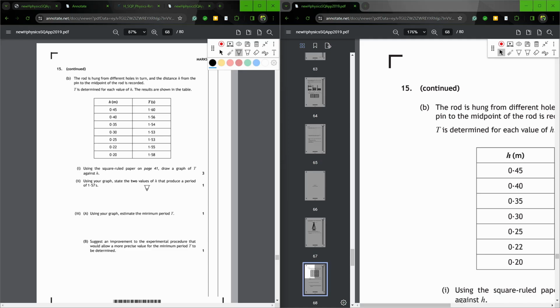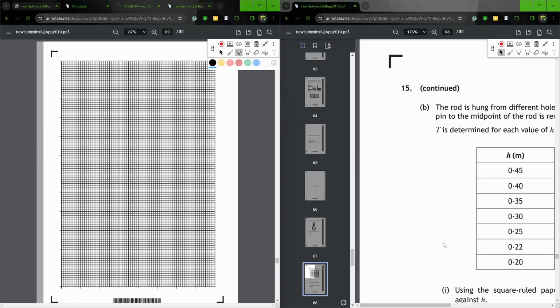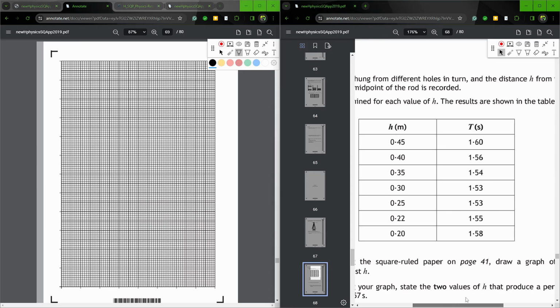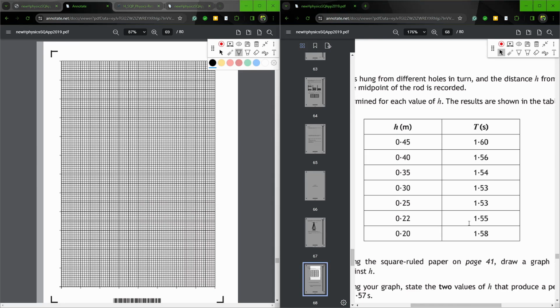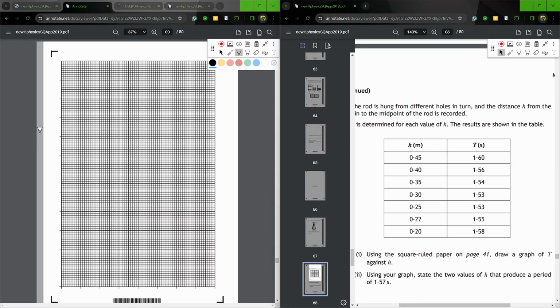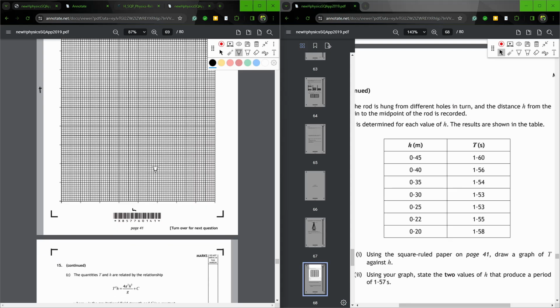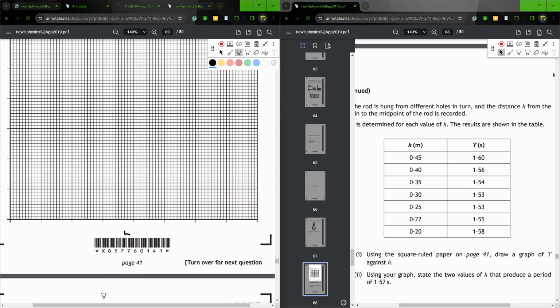We'll get rid of our calculator for now. This is going to be a bit boring, I'm afraid. It's T against h. We want T on this side, and we want h on this side, so h in terms of meters.